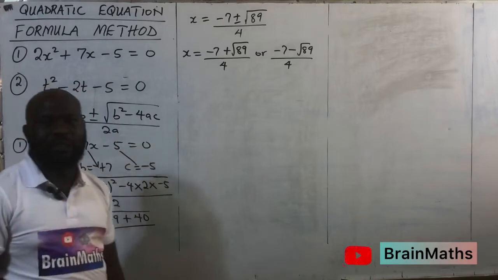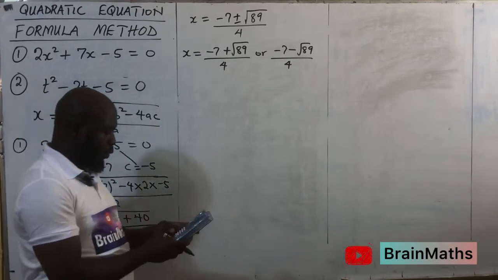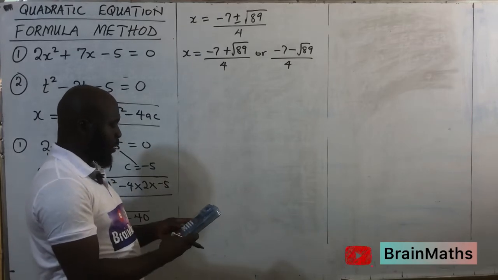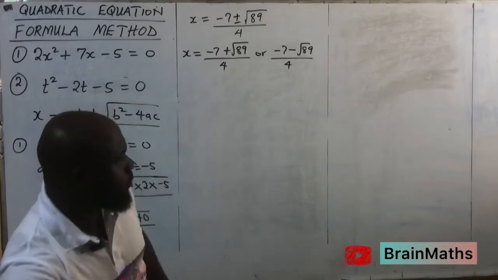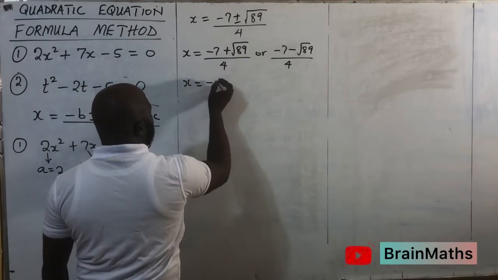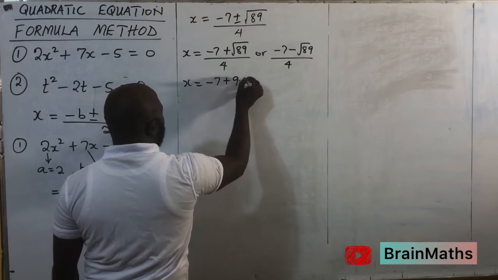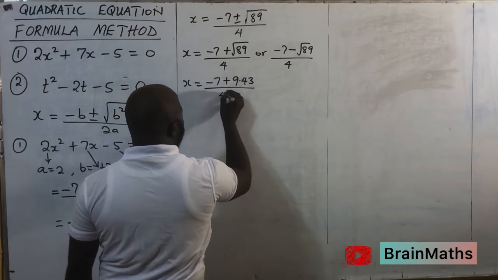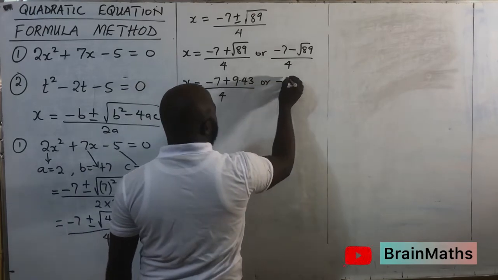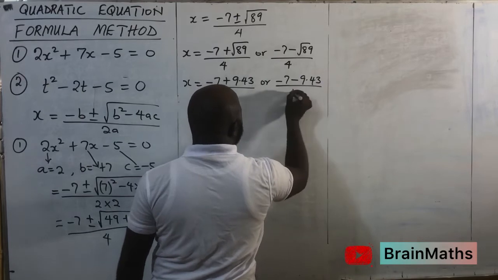So the square root of 89 equals 9.43. So the square root of 89 will be replaced with 9.43: minus 7 plus 9.43 over 4, or minus 7 minus 9.43 over 4.